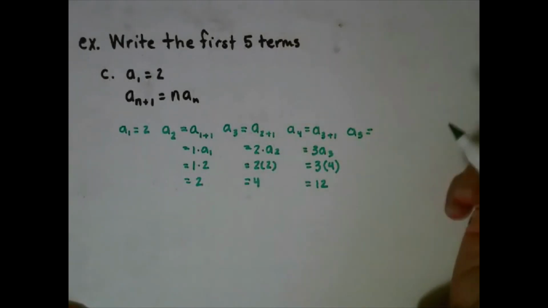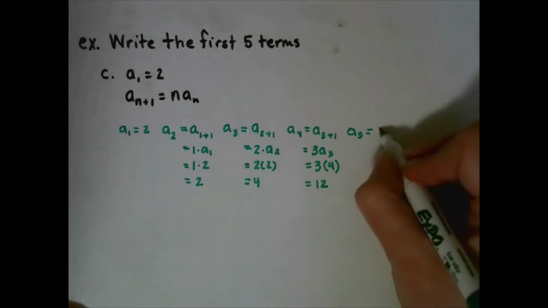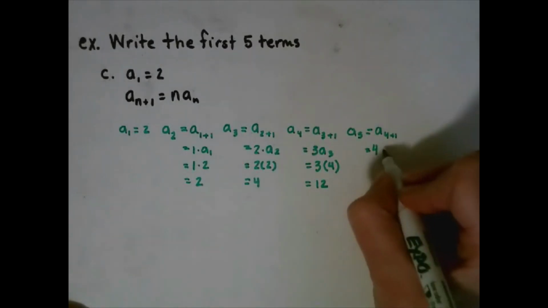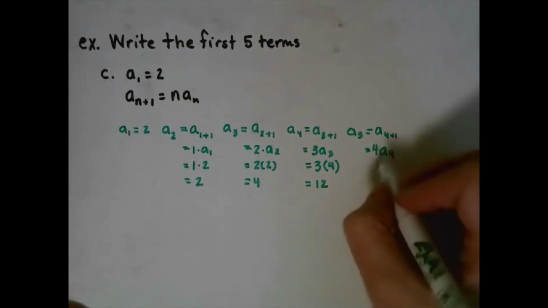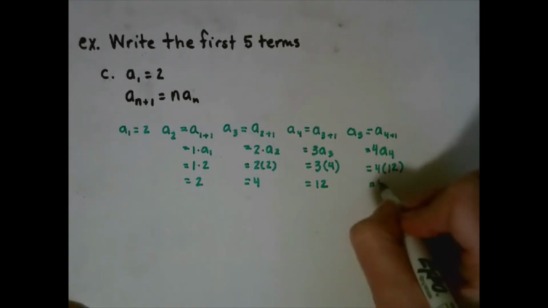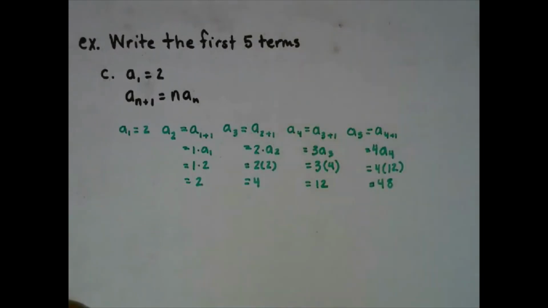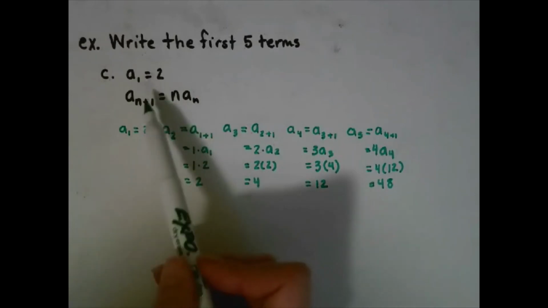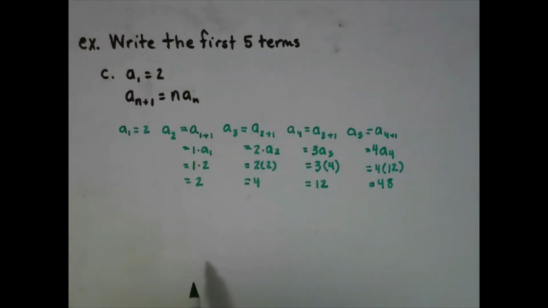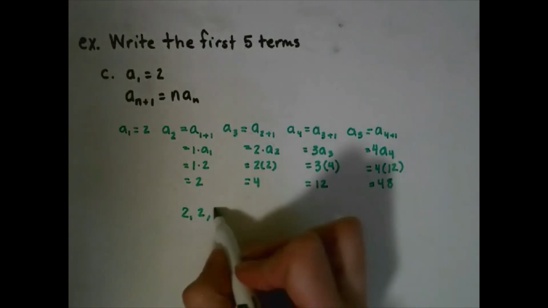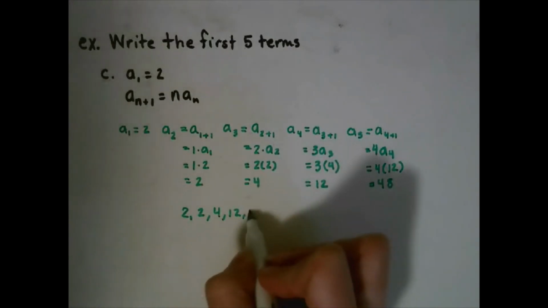I apologize about the shadows, working on it. It is going to be A(4+1), which is 4 times A4, which is 4 times 12, which is 48. So just paying attention to the subscript and how that's written, this sequence would be 2, 2, 4, 12, 48.